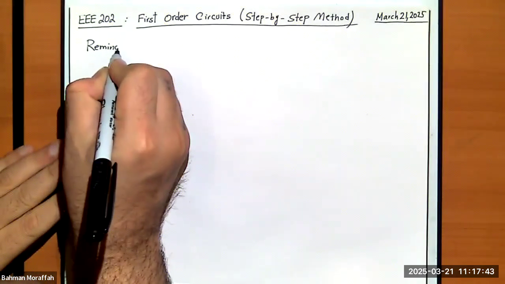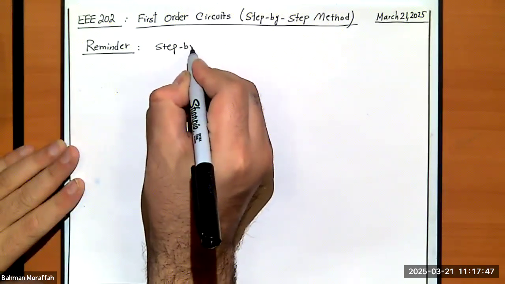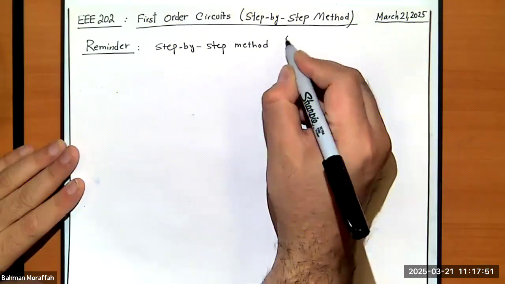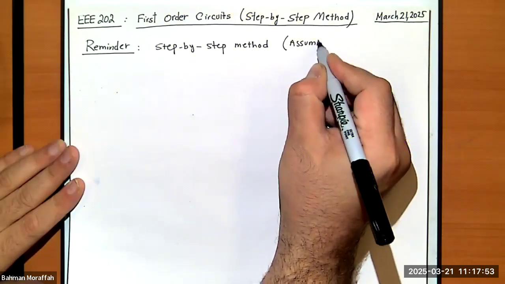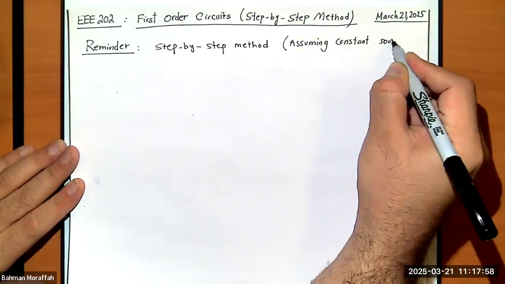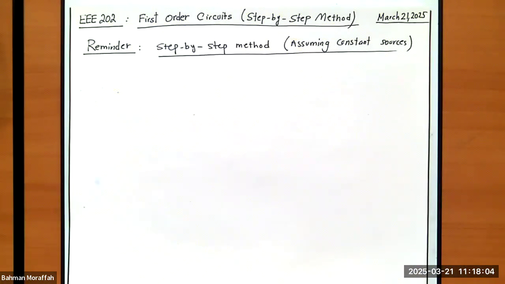Reminder. Step-by-step method. And again, we're assuming constant sources. And remember that the constant sources resulted in a constant forcing function, right?